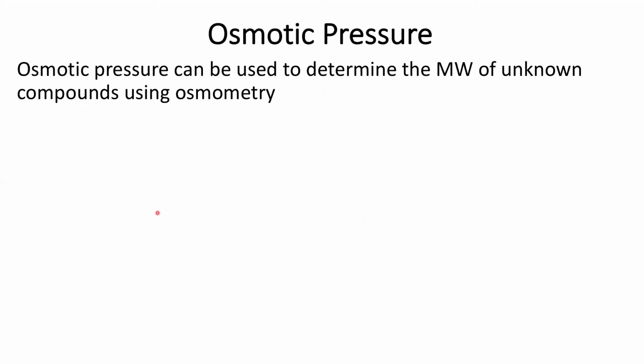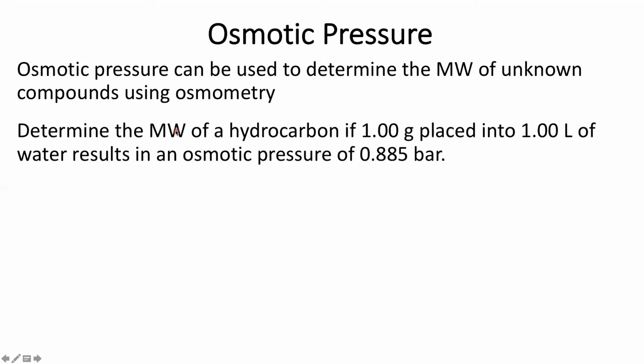So you can actually buy specially made osmometers, or you can try and set up the apparatus yourself. It gets a little bit tricky as you're going to have to carefully measure pressures. But let's say I have an osmometer on hand. Well, we can essentially use it to determine the molecular weight of, say, I place 1 gram of hydrocarbon into 1 liter of water, and my osmometer gives me a pressure back of 0.885 bars required to keep the system at equilibrium.